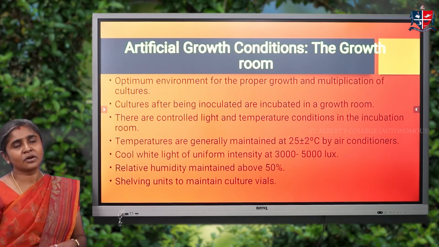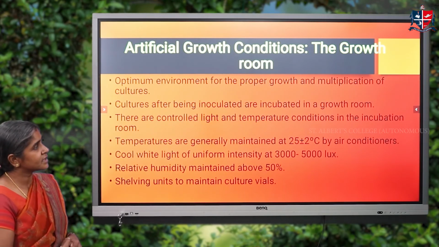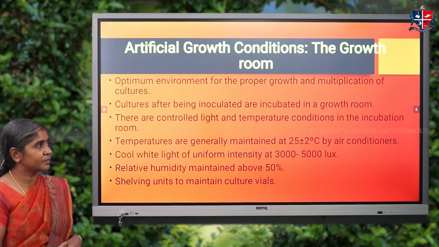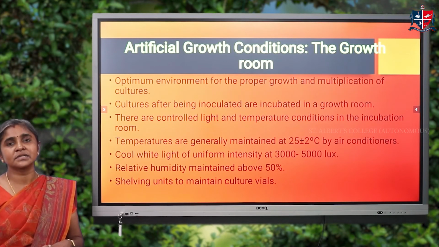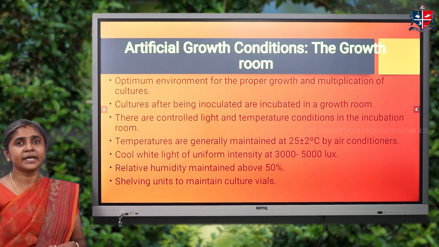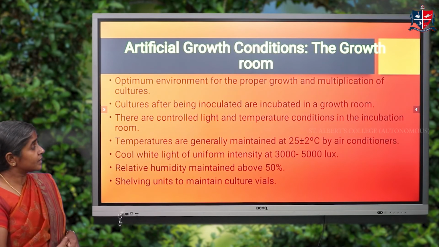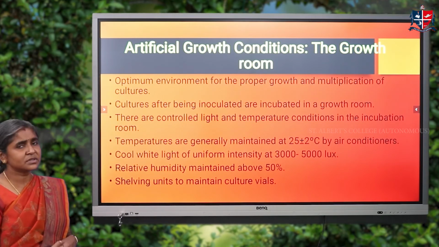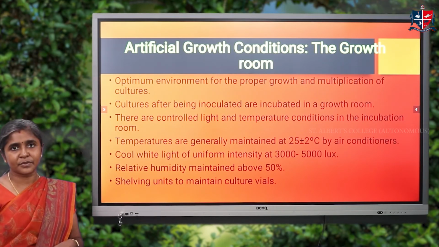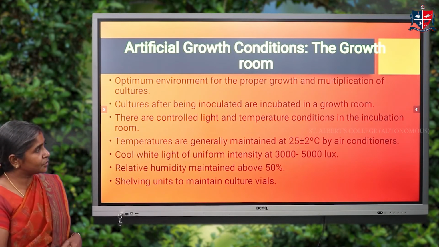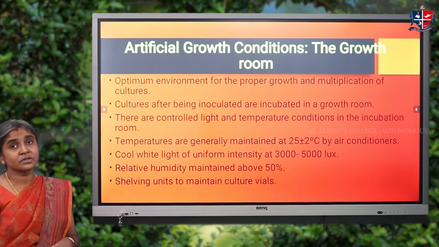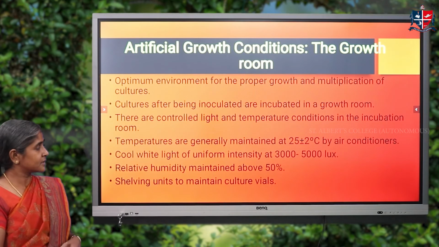Temperature, the temperature normally that is required in plant tissue culture conditions is something around 25 plus or minus 2 degrees Celsius, which is generally maintained by air conditioners. Then light intensity. Generally, cool white light is preferred, which should be in the range of 3000 to 5000 lux.